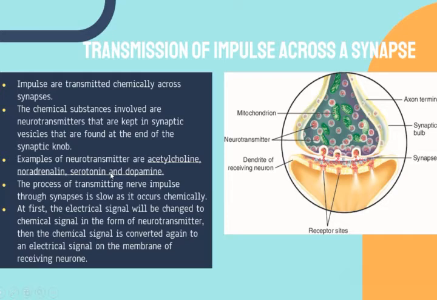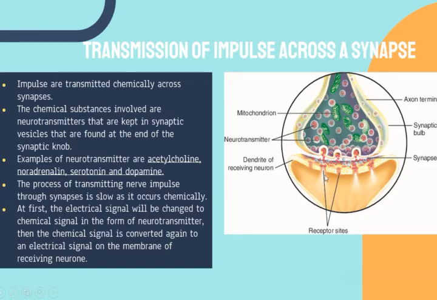The process of transmitting nerve impulse through synapse is slow, as it occurs chemically. The transmission of the signal here is slow because it occurs chemically.